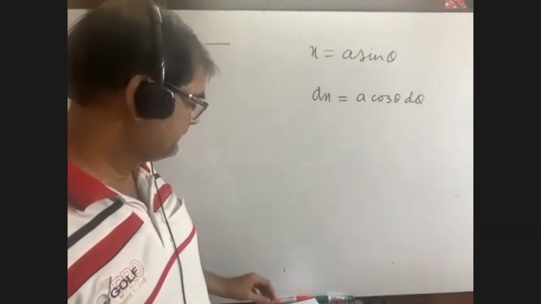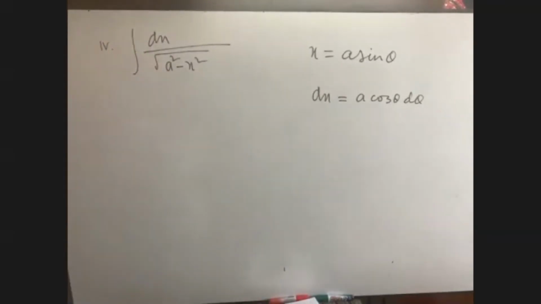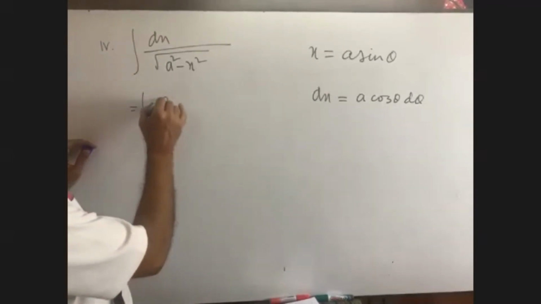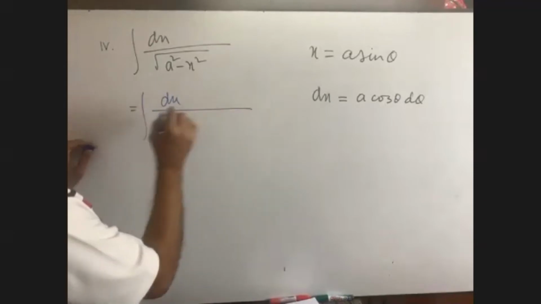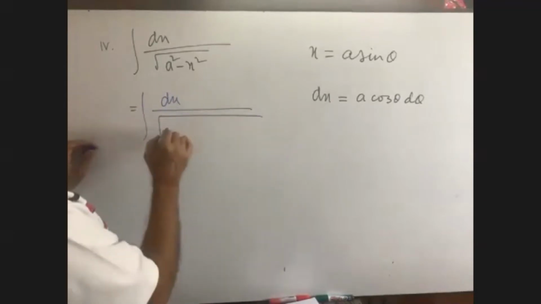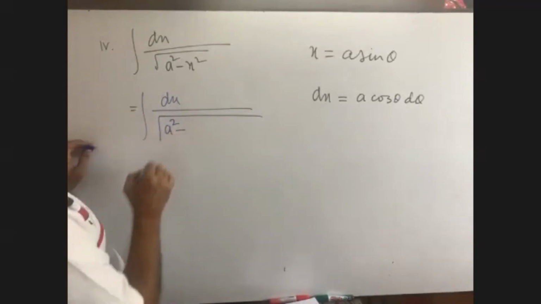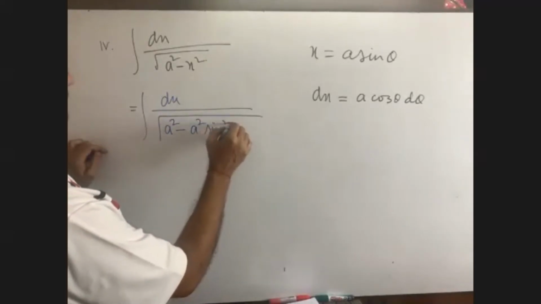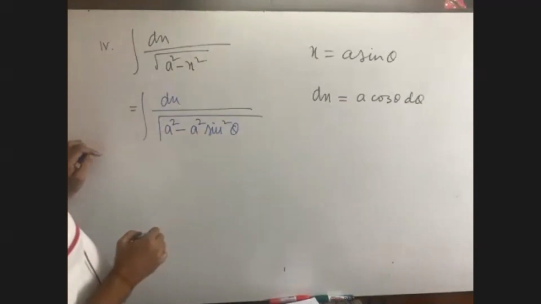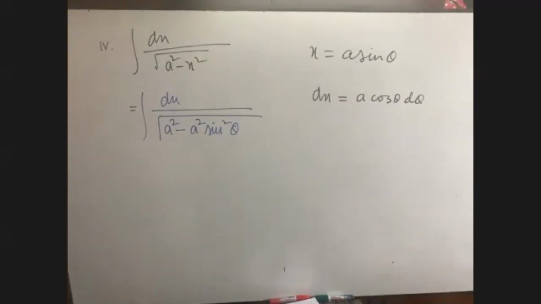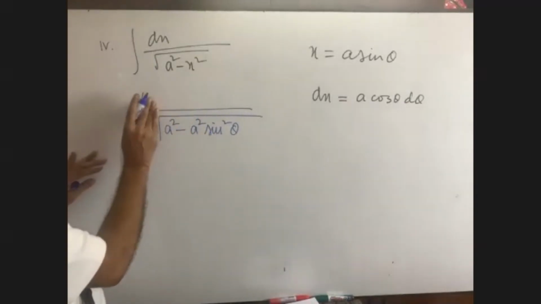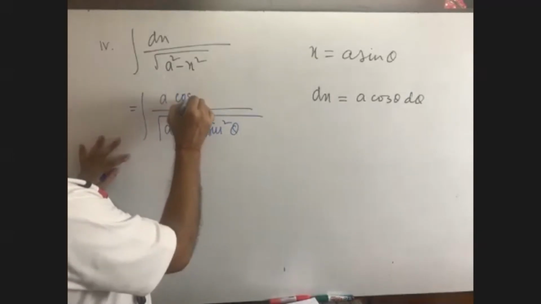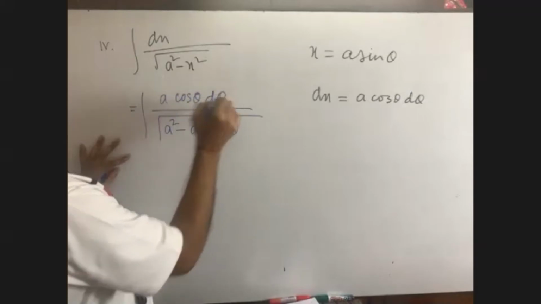Talk to me. That means dx by root over a square minus a square sine square theta. And what is the value of dx? The value of dx is a cos theta d theta. Is it?